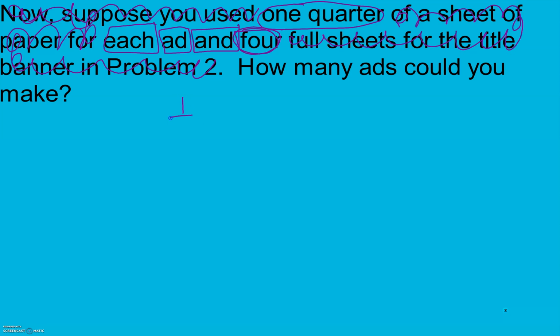So here I have 1/4 for each ad, so times the number of ads, and means plus 4. And the amount of paper we use has still got to equal 18, and we're looking for how many ads, because in problem 2 we had 18 sheets of paper.